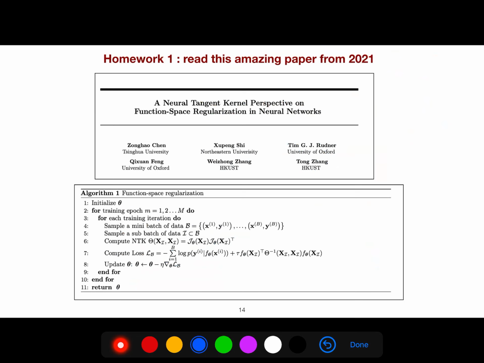And finally, this is a homework for you: reading this beautiful article and implementing this algorithm. So you see how you do regularization, I mean, a different approach to regularization in neural networks.